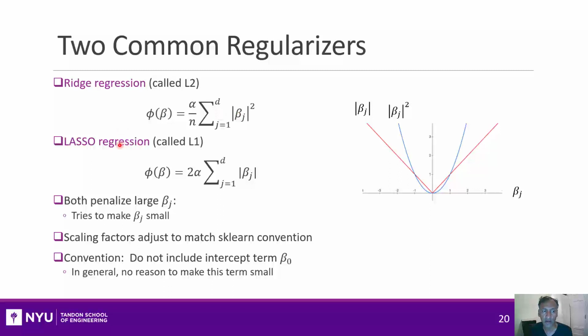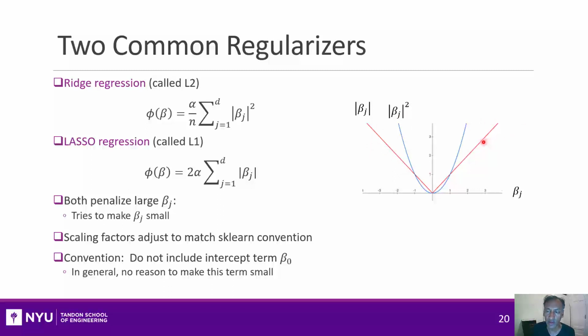And the second one is called LASSO, or L1, and it's the sum of the absolute values with some scaling. Now, just to understand this, I've drawn on the right what these regularization functions look like for each particular coefficient. So the blue is the ridge regression one, and the red is the LASSO or L1 term.